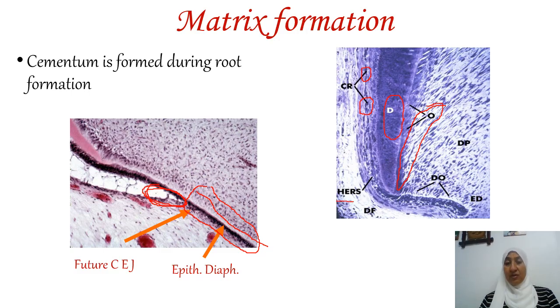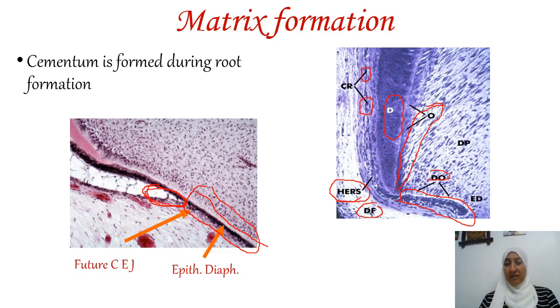And here you are the epithelial root sheath of Hertwig, and DF stands for dental follicle. As you see here at the apical part, we still have the epithelial diaphragm and the start of odontoblastic differentiation.